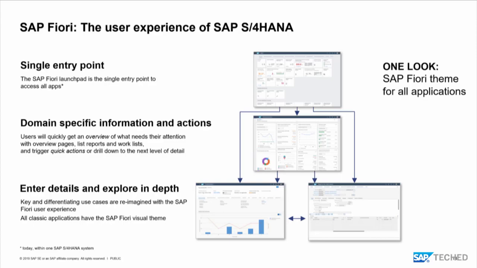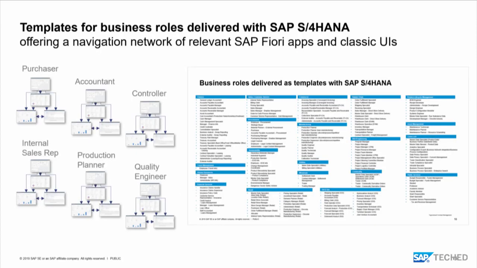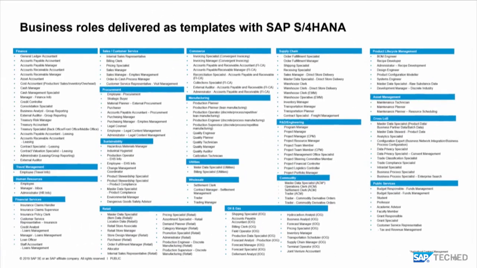We offer those kinds of pyramids per business role, because each business role has a different way of working. So there are different pyramids for purchasers, for accounts payable accountants, for controllers, for sales reps, etc. Out of the box with S/4HANA, you get a quite comprehensive list of business roles, which serve as templates, as a starting point for your implementation project.